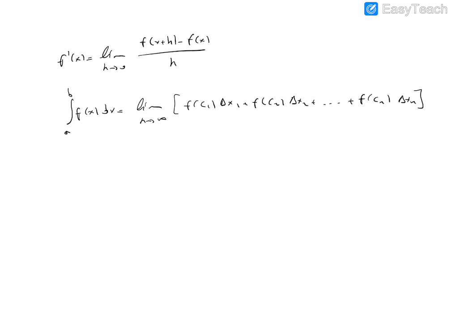Here n was the number of partitions of our interval a b, and c1, c2, up to cn are the sample points on each subinterval. Delta x1, delta x2, delta xn are the lengths of each subinterval. In general, it is not easy to calculate this integral by using this limit.